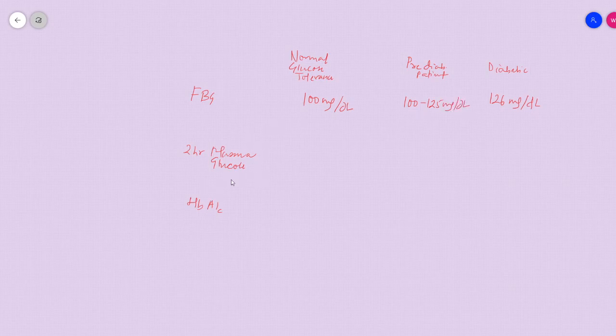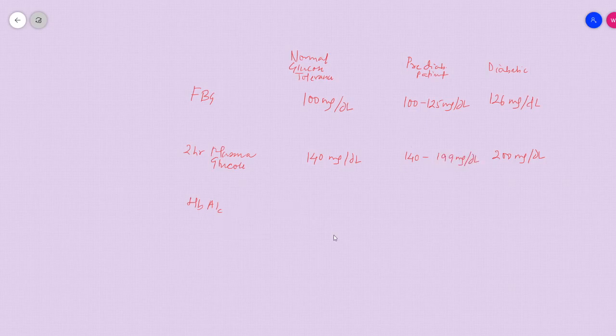And the 2-hour plasma glucose in a normal individual would be 140 milligram per deciliter. In a diabetic patient, it would be 200. That's again the cutoff. So between these two is the pre-diabetic, that would be 140 to 199.